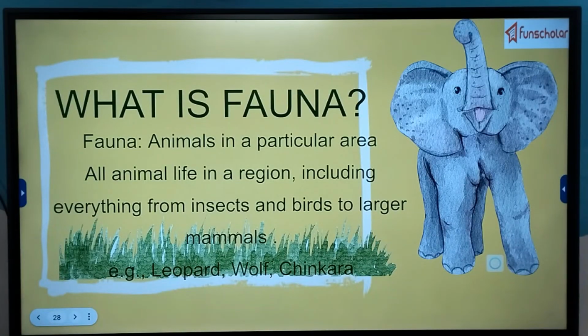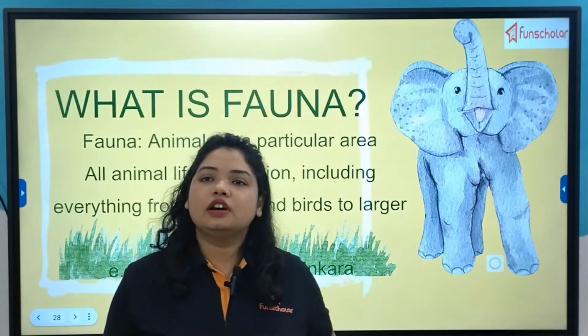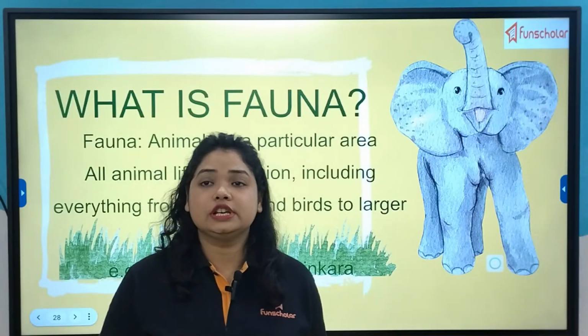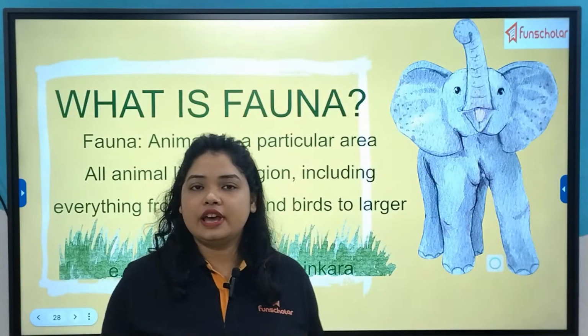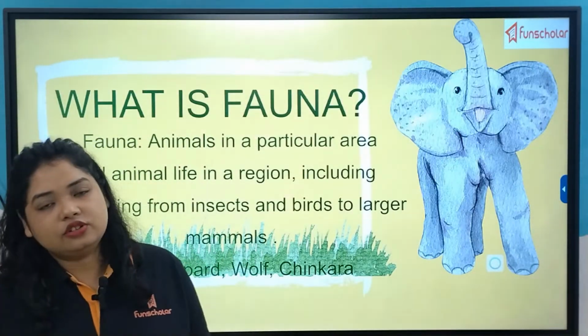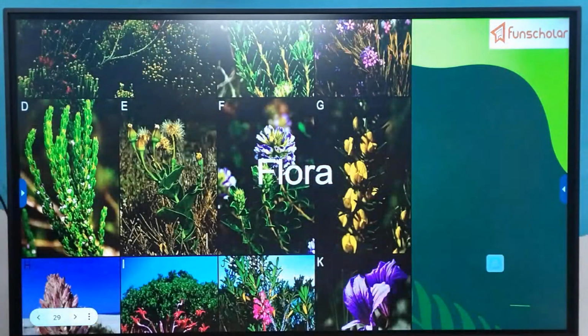And fauna is again different categories of animals taken together. It can be the herbivores, it can be the carnivores, it can be the omnivores, but whatever it is, all the animal species of a particular area, together they are known as the fauna population of that area.